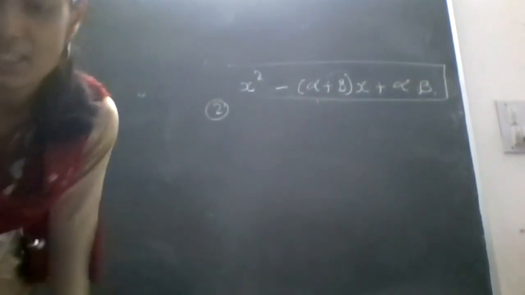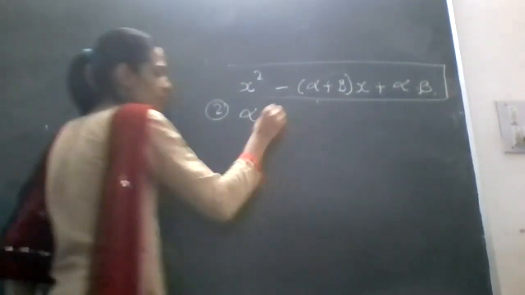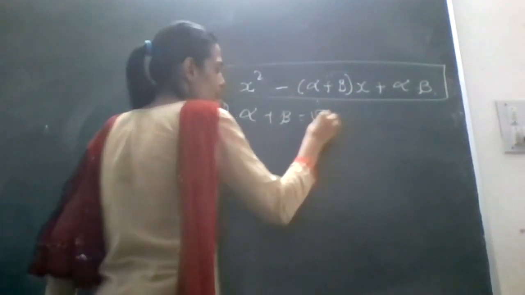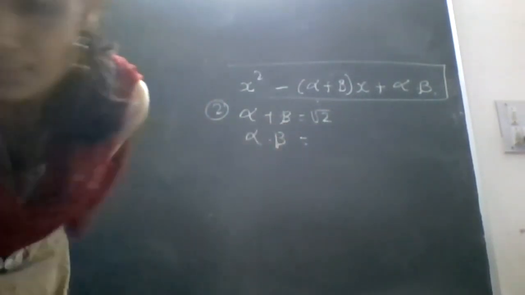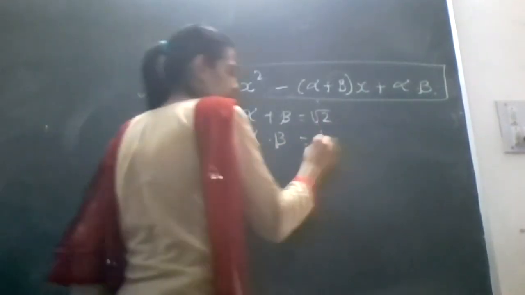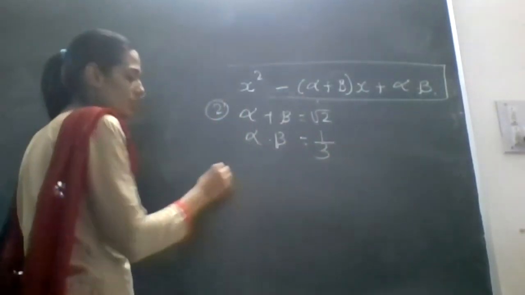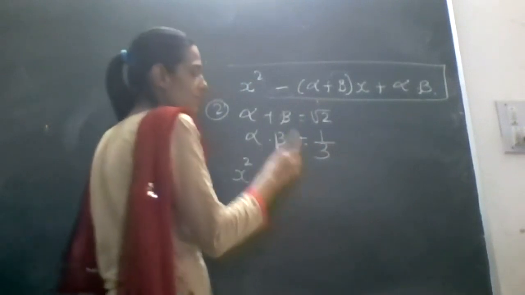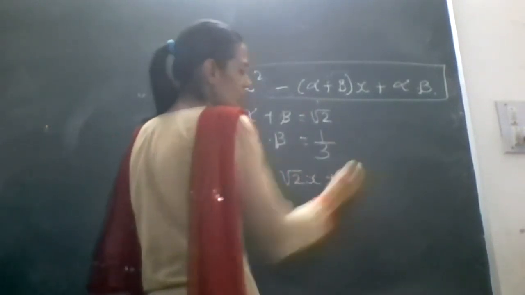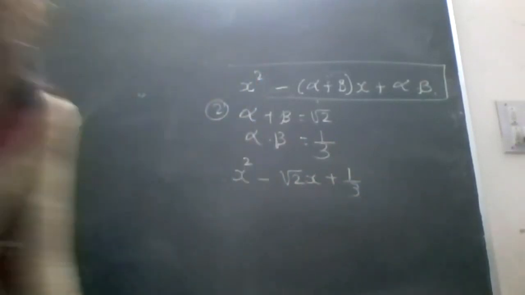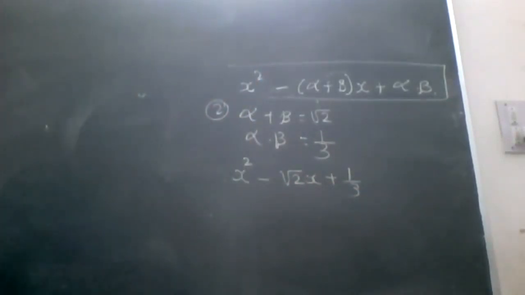Now your second question: sum is given, alpha plus beta is given as root 2, and alpha into beta is given as 1/3. So put in this equation, what you will get? X square minus root 2 x. Here plus only, 1/3 is given, alpha into beta means 1/3 is given.